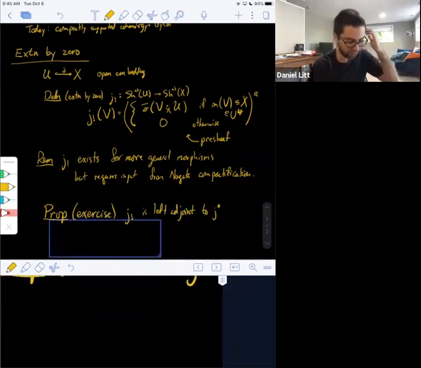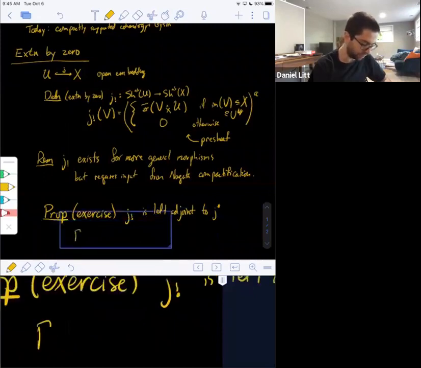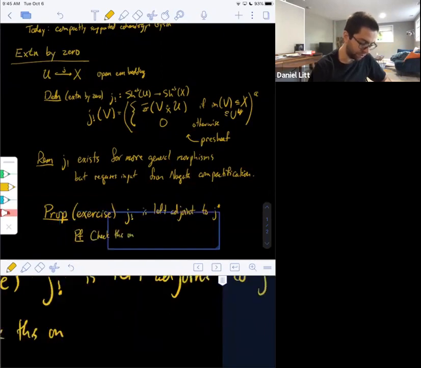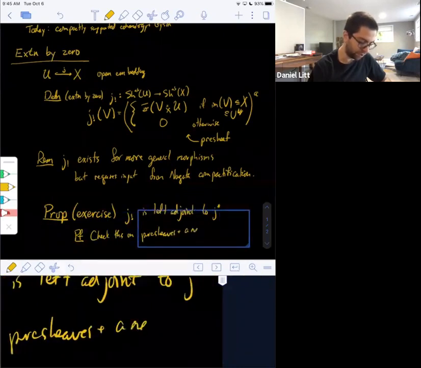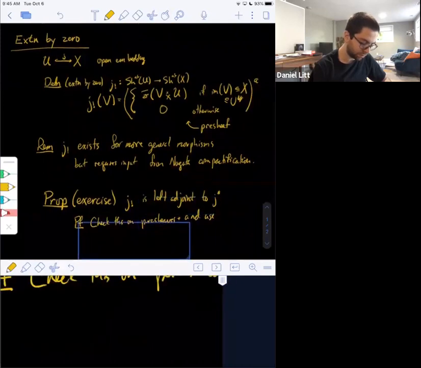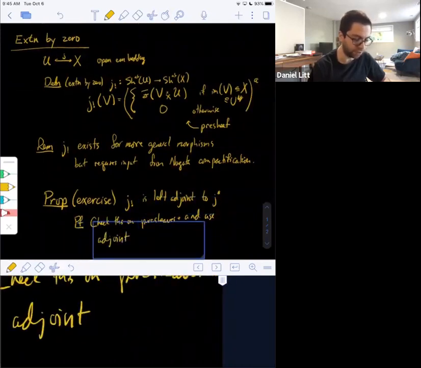The proof is an exercise, but I'll say a word about it. The proof is to check this on pre-sheaves and use the adjoint property of sheafification. And to check on pre-sheaves, you just check directly using the definition.